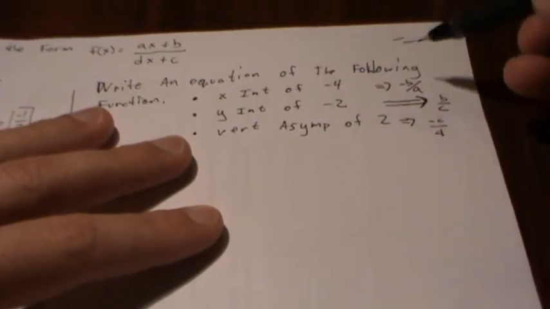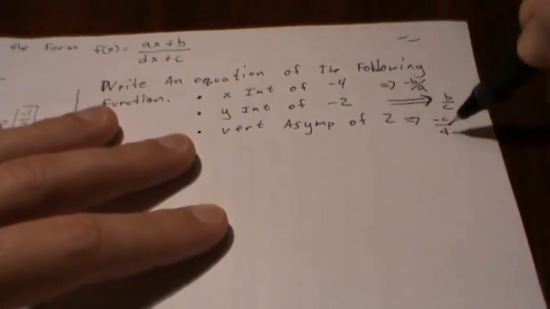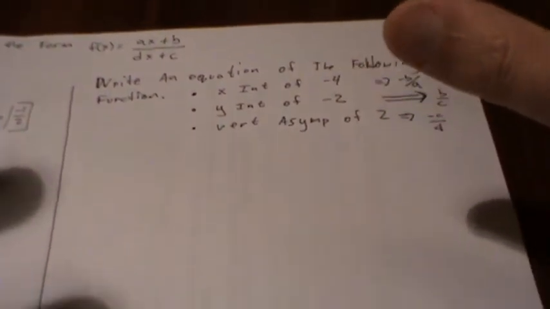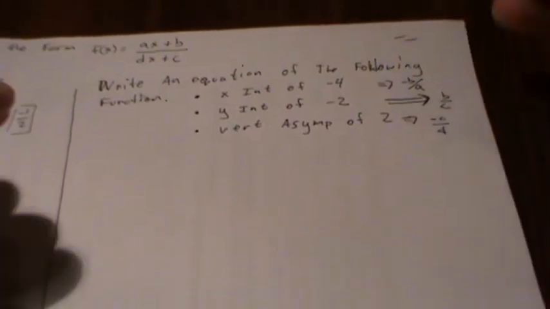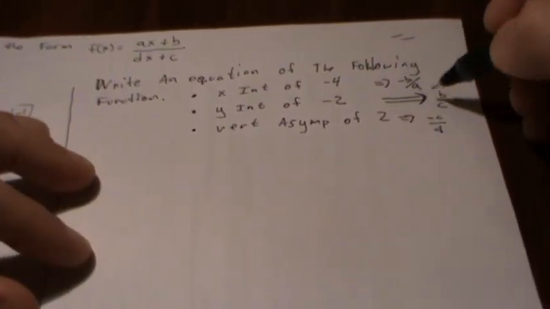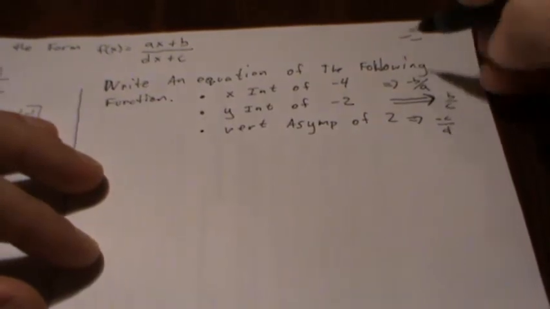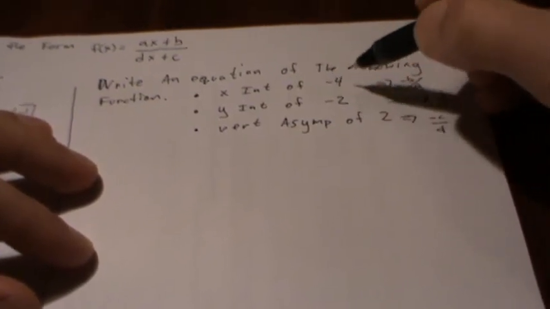So notice in this description I've got an a, a b, a c, and a d. In reality, I can make combinations of these numbers so that they equal this.